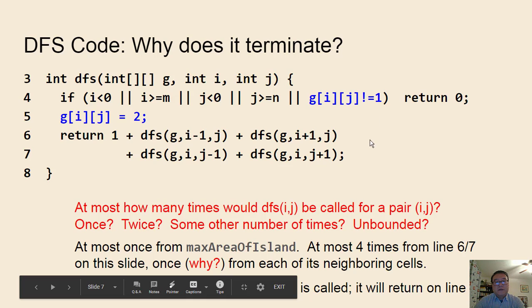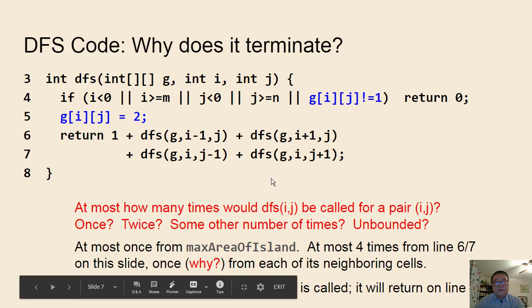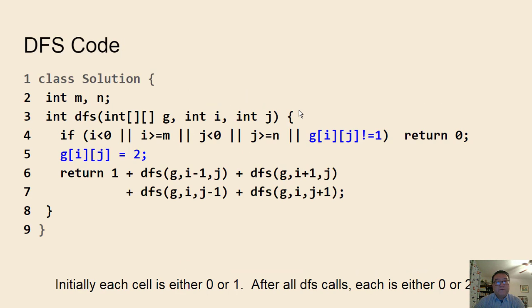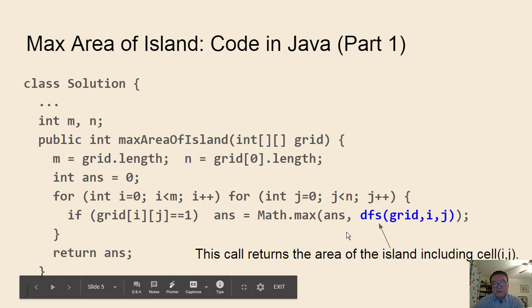So the answer is at most 5 times, and at most once from the main function, the max area of island. Because when you see this 1, it will call this, and from this code here, each cell can only be called once. That's for sure, because we're just going through each one.